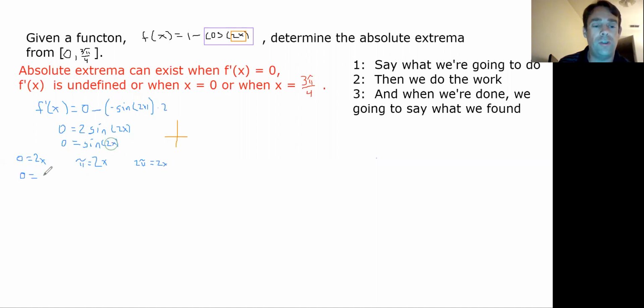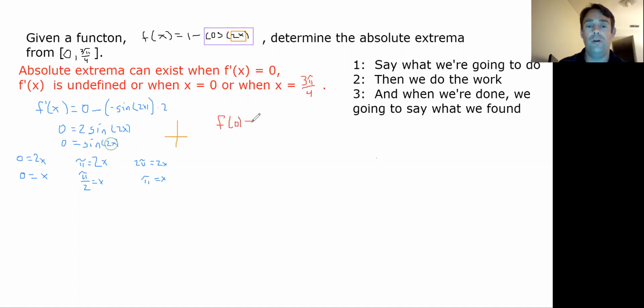So 0 equals x. And I only put these values up there because I'm only going to be using values that fall in my domain. And I got pi over 2 equals x. And I can stop there because I can already see that pi is already out of 0, 3 pi over 4.